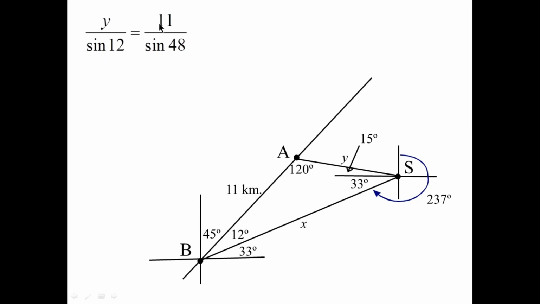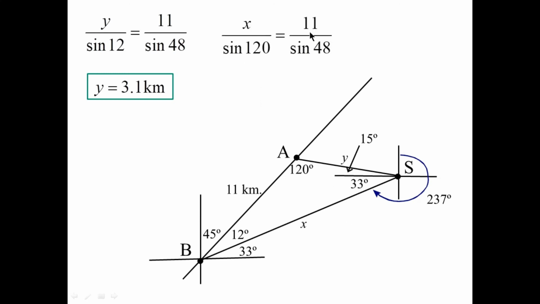Multiply by 11 times sine 12 over 48 on a calculator, and it's 3.1 kilometers to lighthouse A. Do it again, so X over sine 120 equals 11 over sine 48. 11 times sine 120 over sine 48 on a calculator, and we've answered the questions.